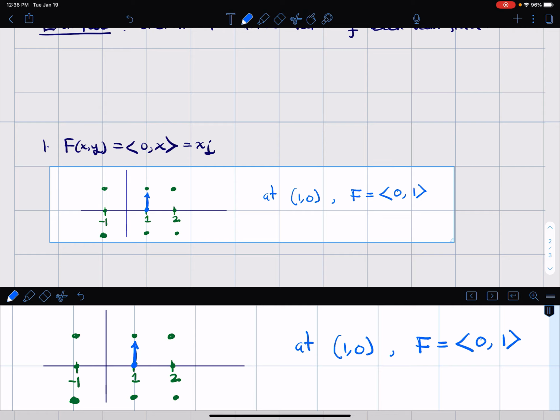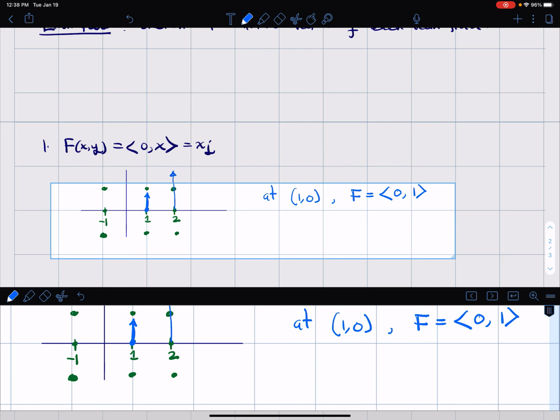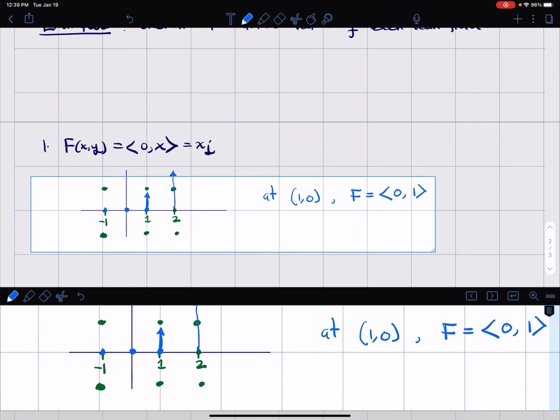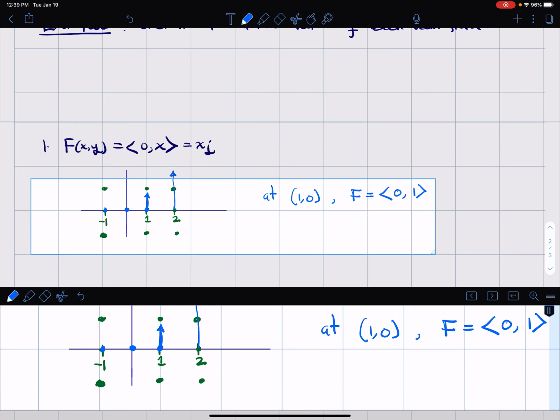At 2, 0, that means it's going to go up 2 units. Let's look at 0, 0, it's just going to be that. Then at negative 1, 0, it's going to go down negative 1 unit.